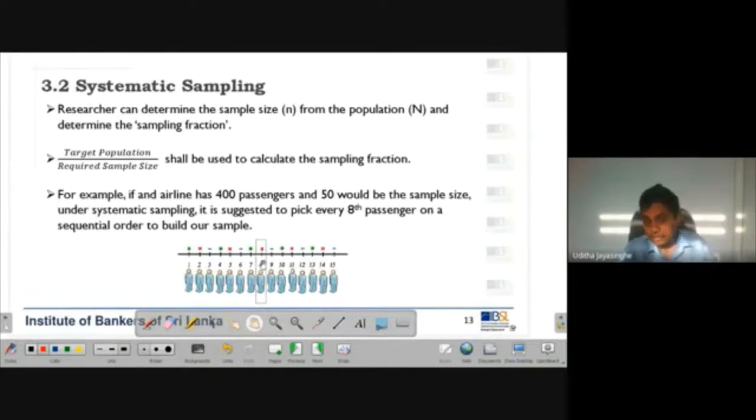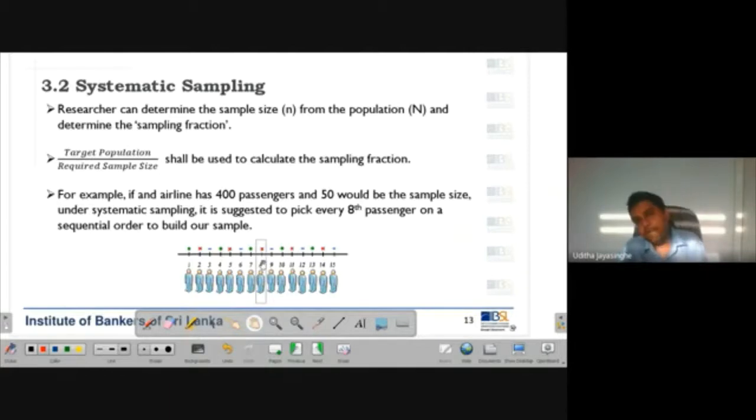Once again, does this methodology take away the selection bias? You can't really guarantee that. Why?